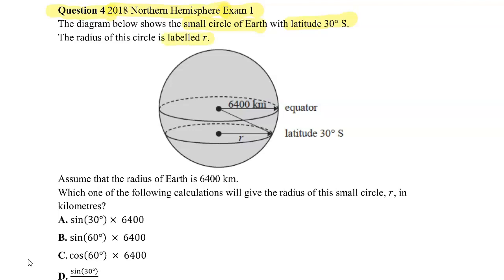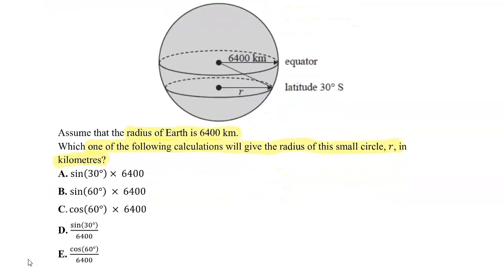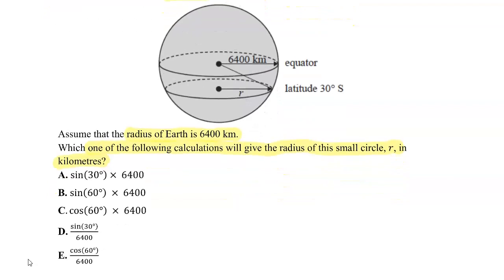Assume the radius of the Earth is 6,400. Which one of the following calculations will give you the radius of this small circle in kilometres? Looking at this, you can imagine there's another right angled triangle.